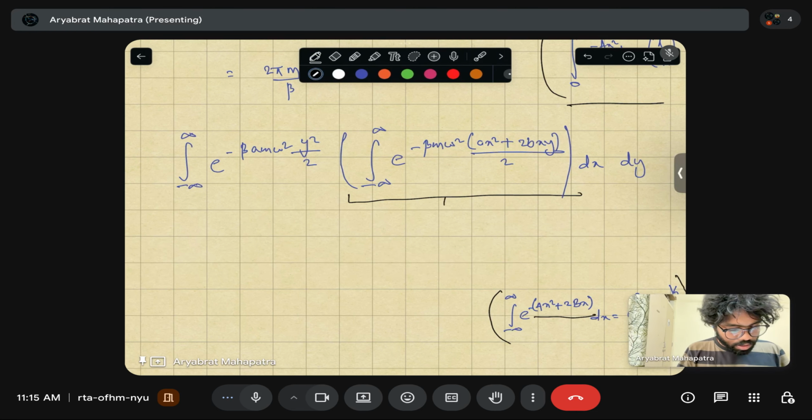You have minus infinity to infinity exponential of minus a x square plus 2bxy dx.